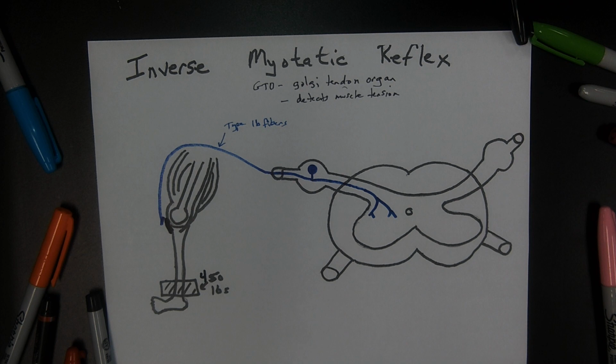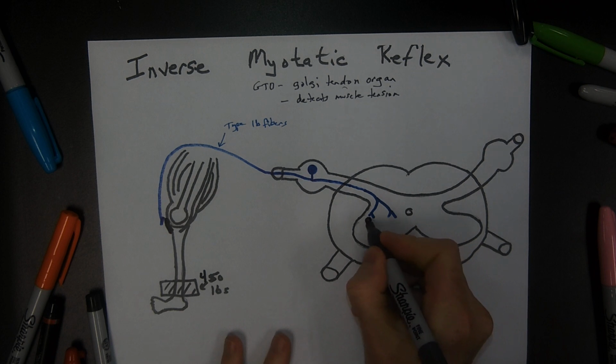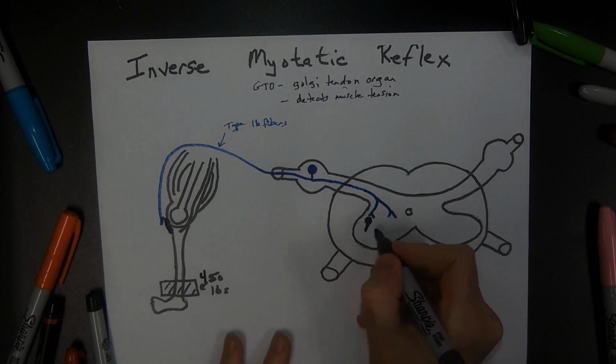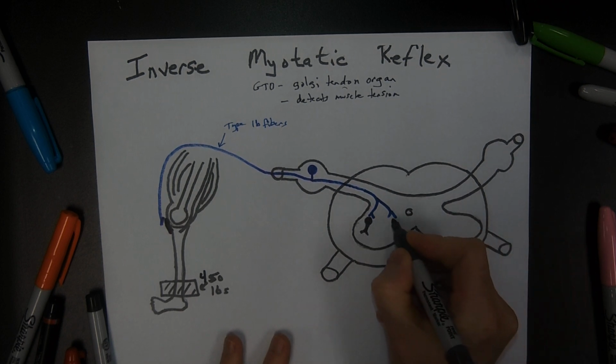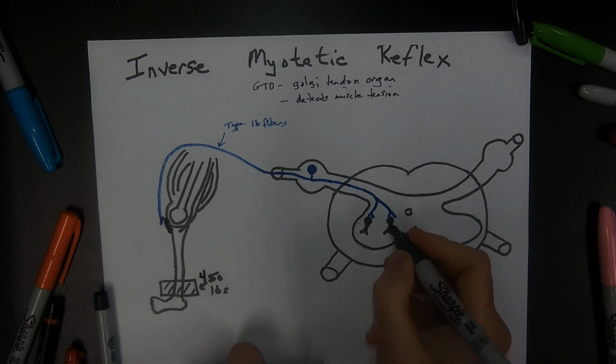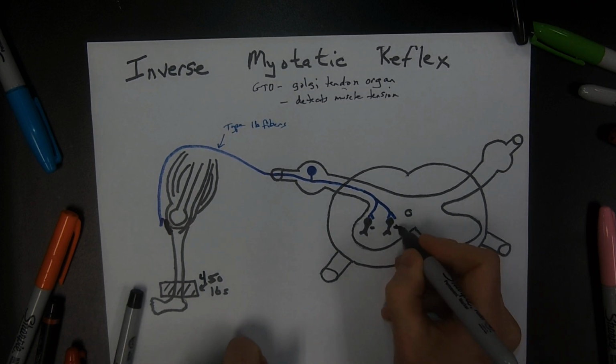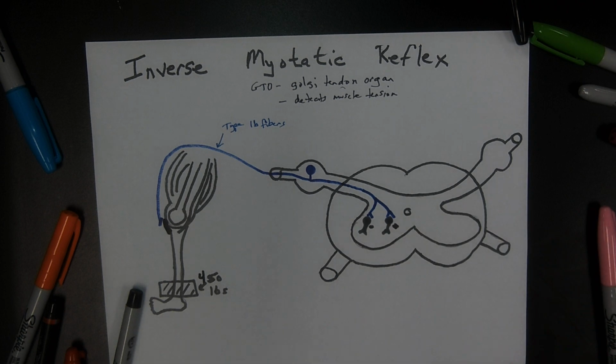It synapses with your interneurons. So here's another interneuron, and then here's this interneuron. Except this interneuron is going to be inhibitory, and this one is going to be stimulatory.